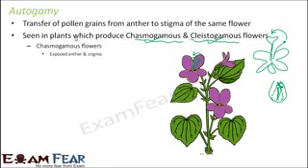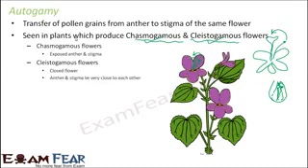So in chasmogamous flowers, autogamy is not possible because the pollen grains cannot jump from the anther to the stigma over a considerable distance. Whereas clistogamous flowers are closed flowers. When the flower is closed, the anther and stigma lie very close to each other, and when they are so close, autogamy becomes possible. So this autogamy is seen in clistogamous flowers.